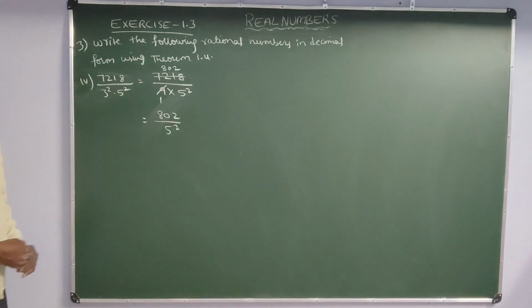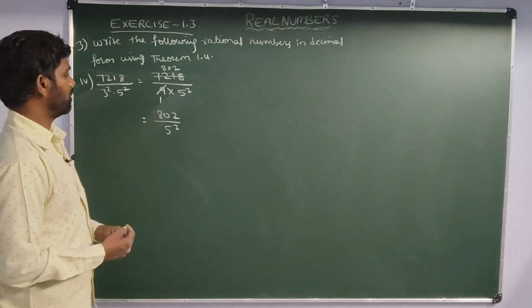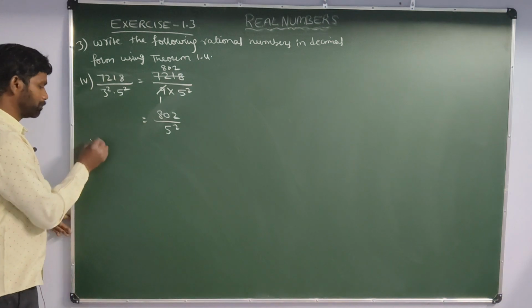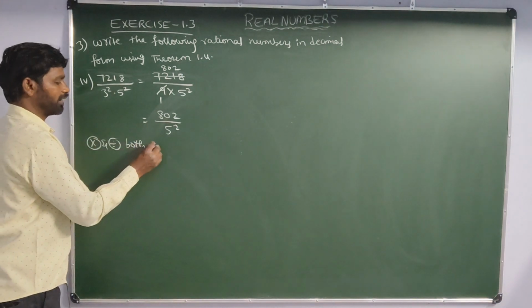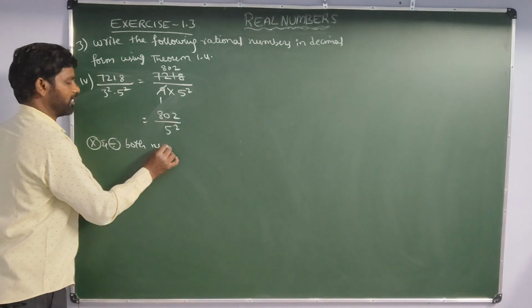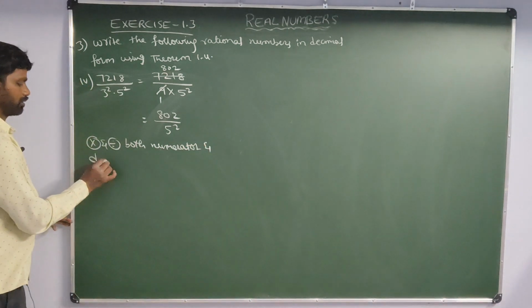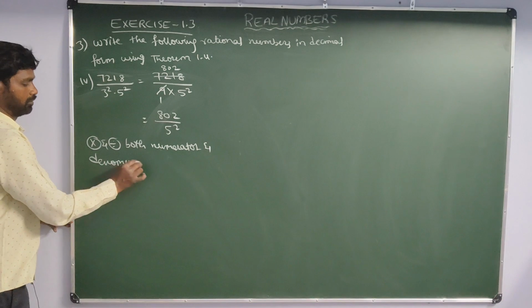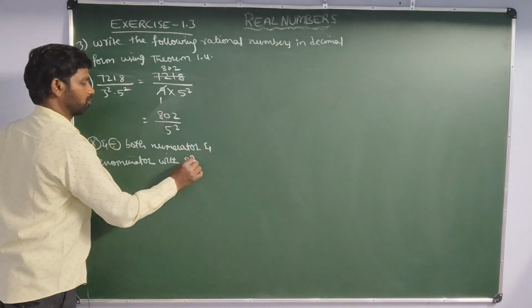Now look at the denominator. The denominator is 5 square. So multiply and divide both numerator and denominator with 2 power 2, 2 square.